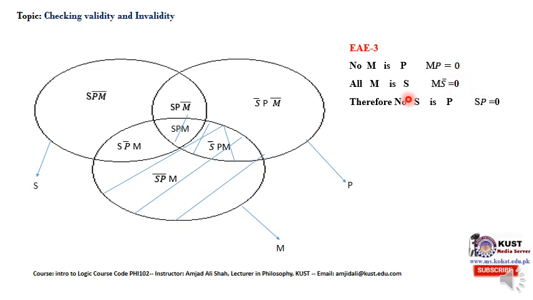MS bar is equal to 0 and SP is equal to 0, the conclusion. So this is MP, I have shaded it already, and this is MS bar. This is MS bar, and this is MS bar. So the conclusion says SP is equal to 0. So we have SP, but this SP is unshaded. So in other words, our syllogism EAE3 is invalid.